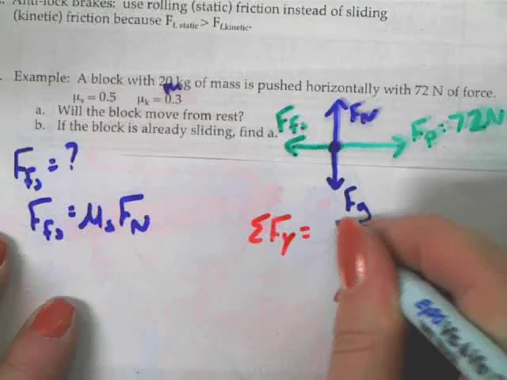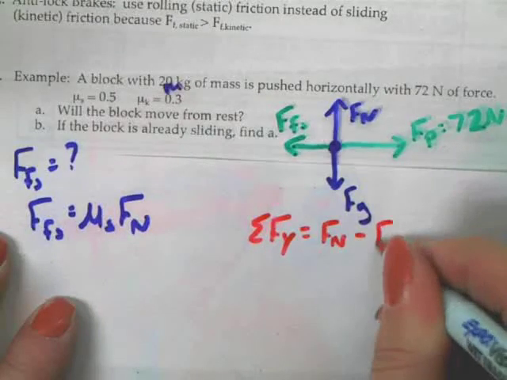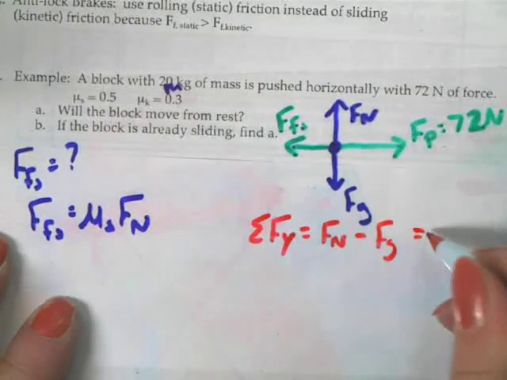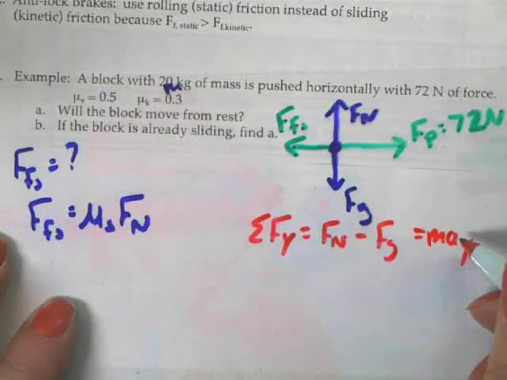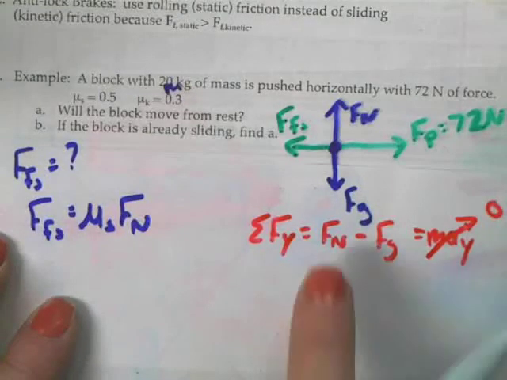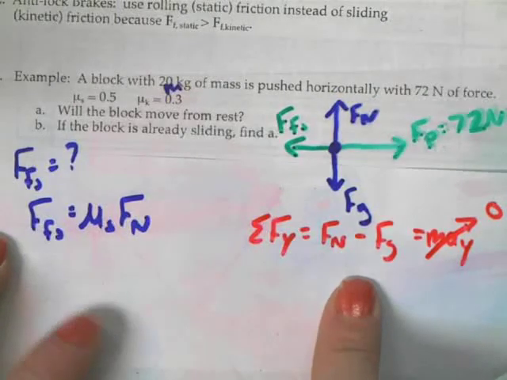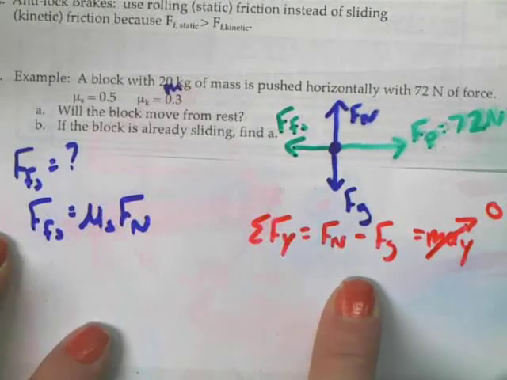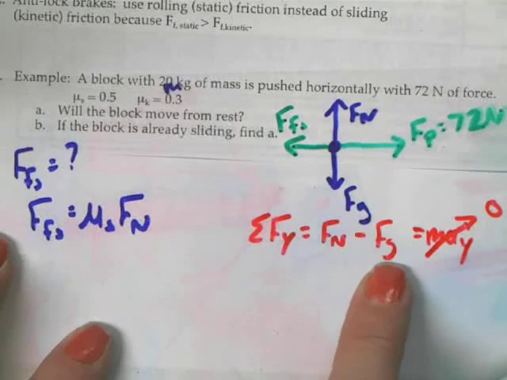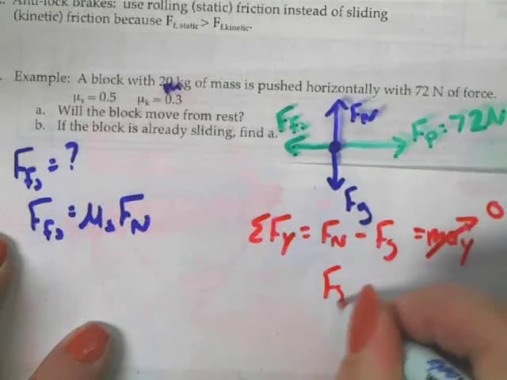So let's go back to our free body diagram. The normal force is in the y direction. What do we know about the forces in the y? Net force in the y is equal to all the forces up, normal force, minus all the forces down, the weight, and that's equal to the mass times the acceleration. Oh, what's the acceleration in the y? 0. So how do the normal force and the weight compare in size?